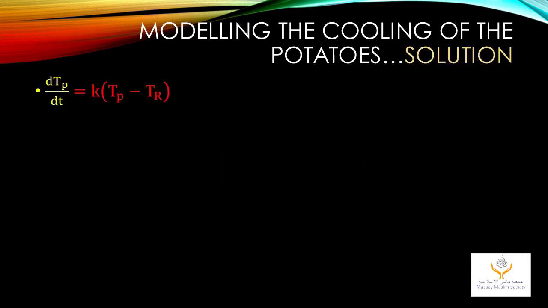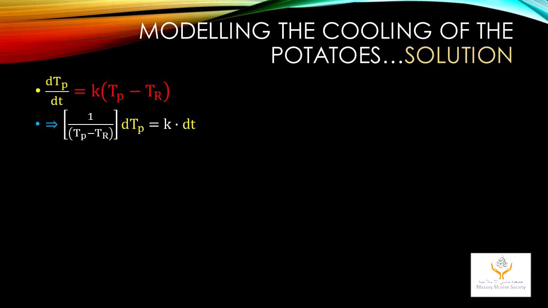Okay, the next step is to solve the differential equation. The first step is to separate the variables. You take this quantity to the other side, dividing both sides by Tp minus Tr.